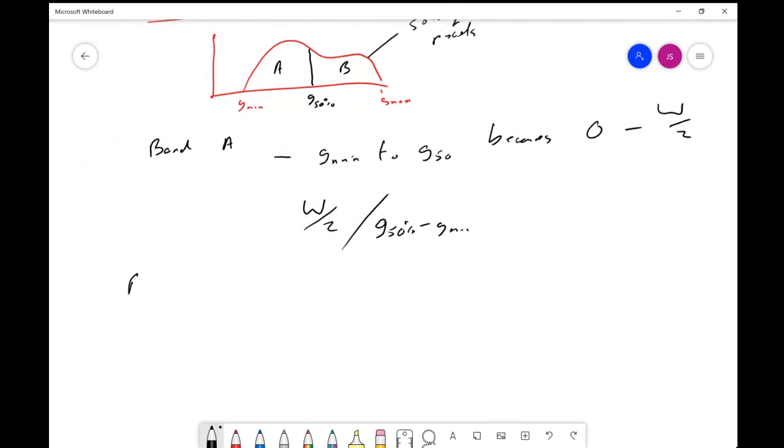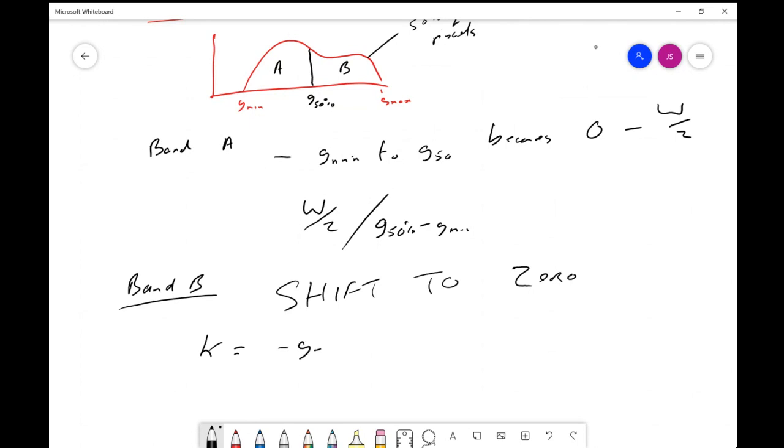For band B, the first thing to do is shift to 0. And so your K will be minus G 50%. And you have to do that because if you don't shift band B to 0, when you multiply, this will go out of scale if the bottom isn't at 0. 0 is anchored at 0 when you multiply, and it doesn't move.